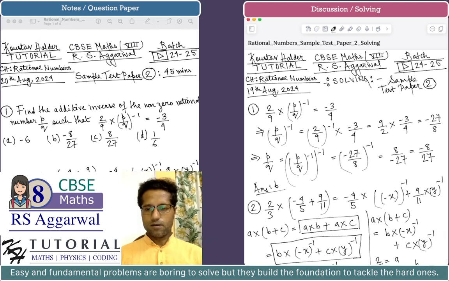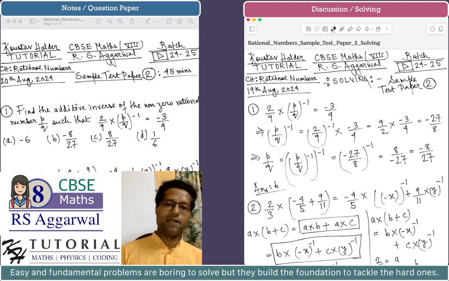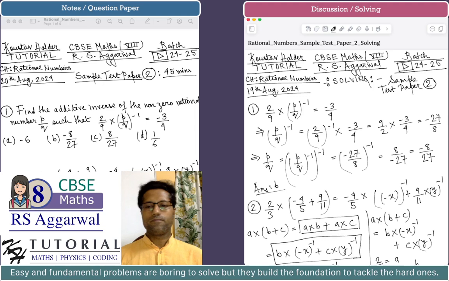So with this we come to an end of the first chapter, that is rational numbers. I will tomorrow start the next chapter, that is exponents, but parallelly I will start a series of videos on concepts to remember in a separate playlist which will be named Concepts to Remember Maths 8, where I will discuss the very key concepts, formulas, or any possible tricks, and all the variants of problems that you need to consider for a particular chapter.